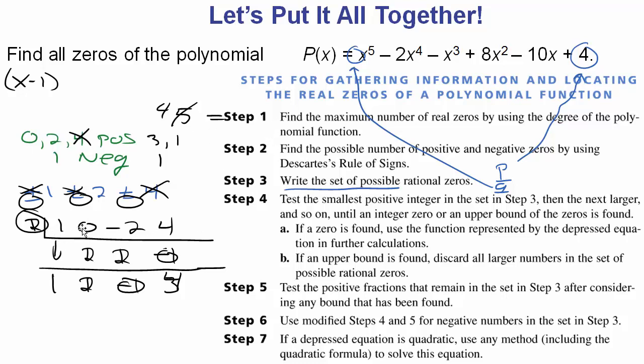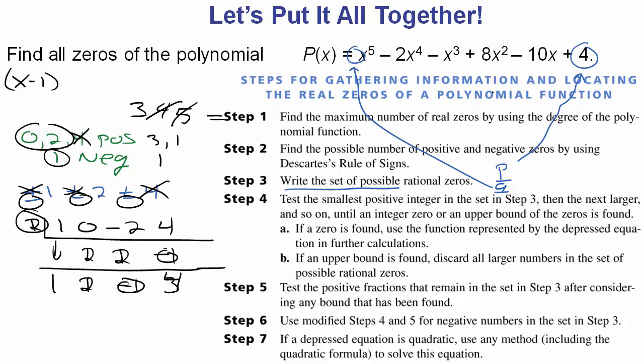You notice, like at this point, this is x cubed, x squared, x, and then my constant term, this is now a power of 3. So now I know there's only 3 total zeros left. I can redo Descartes' rule and see that it changes sign twice. So it's either 2 or 0. And then there's still 1 negative.